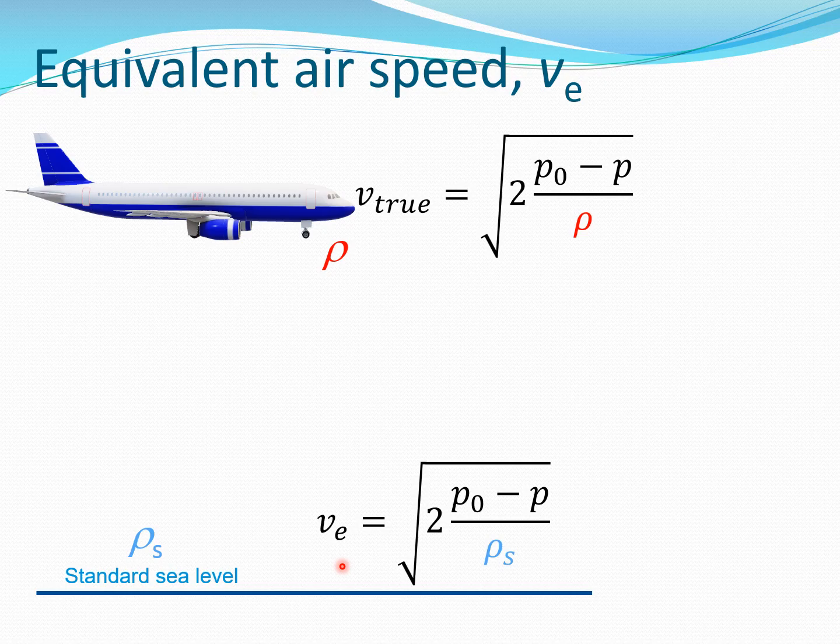So this is something you can remember, that V subscript e is the airspeed at standard sea level. Remember, standard sea level density would be something we know, like 1.225 kg per meter cube, but the density of air at whatever place the airplane is flying is going to be different. It's going to be changing constantly also, because the airplane may keep changing its height, and so with that the density will change.